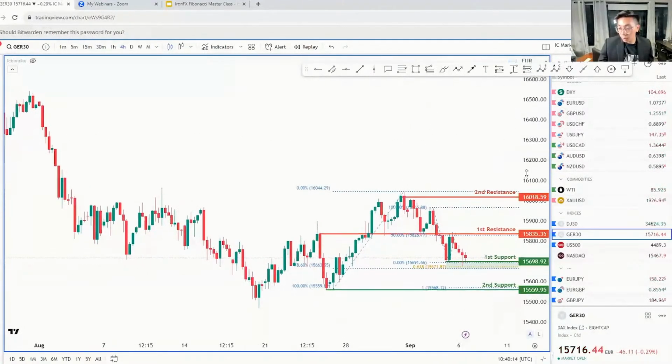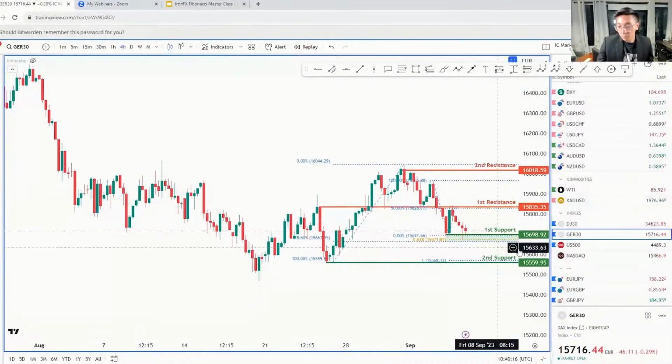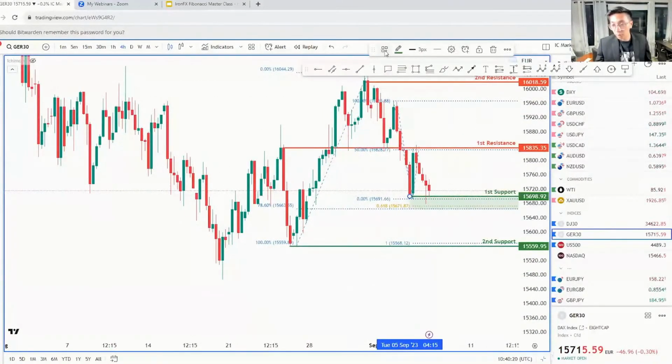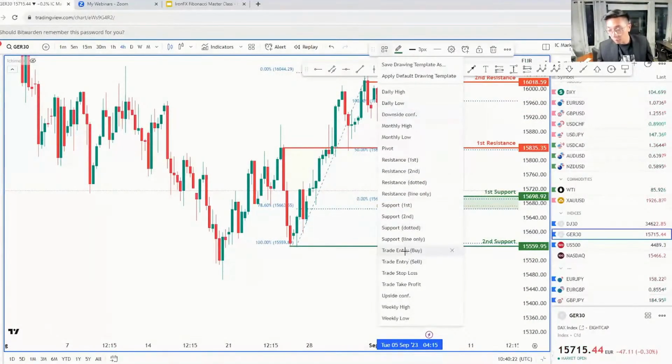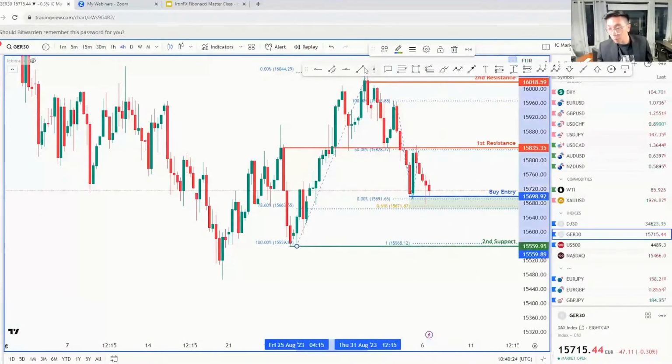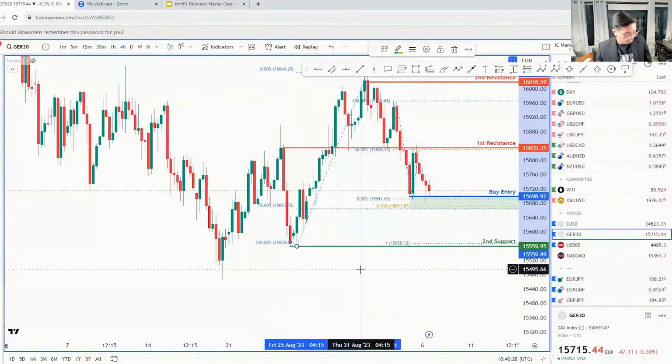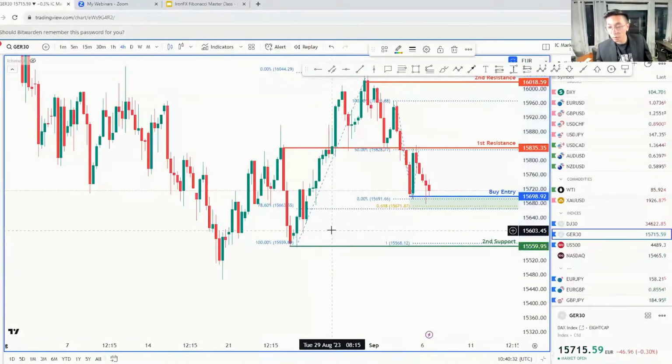Okay, so this for G30 right here. If I were to enter a buy trade here, right? Seven, 8%. Okay.